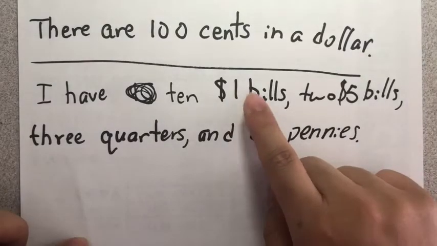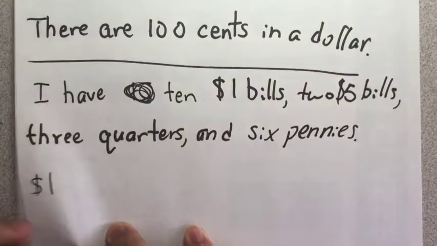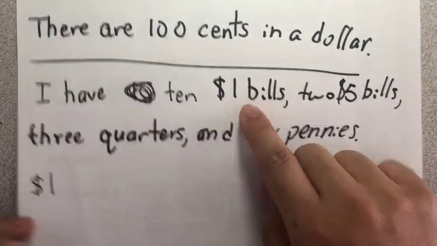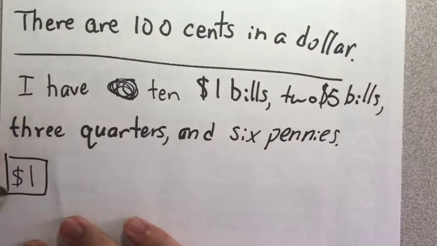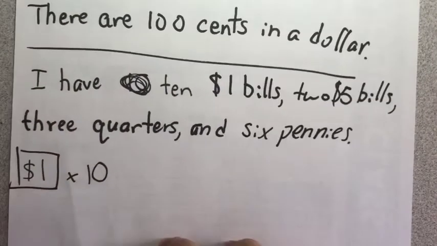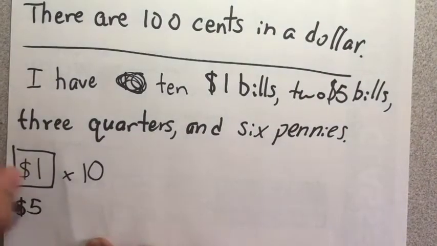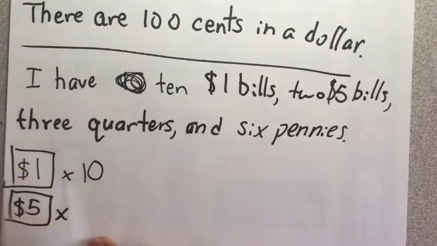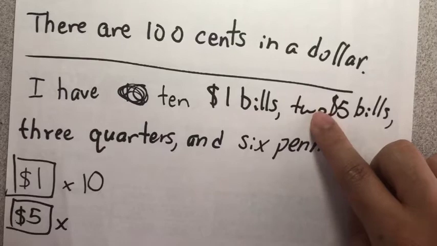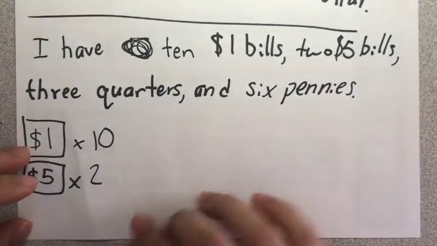All right, so let's start with the $1 bills. How many of them do I have? I have 10 of them. And then let's do the $5 bills. How many $5 bills do I have? I have 2 $5 bills. Quarters.